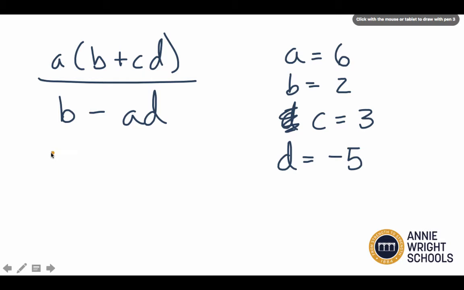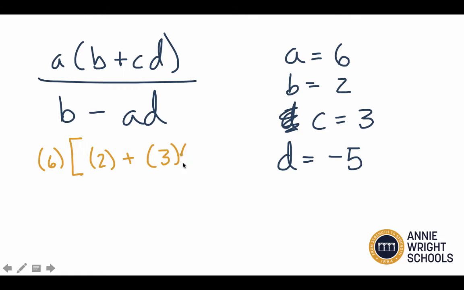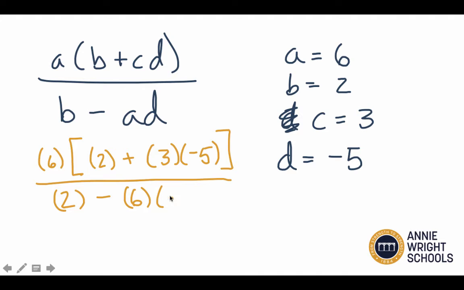All right, so in parentheses, I'm going to replace A with 6. Then, big parentheses in the problem, I'll use a bracket. B, 2, plus CD, 3 times negative 5. All of that mess divided by 2 minus 6 times negative 5.